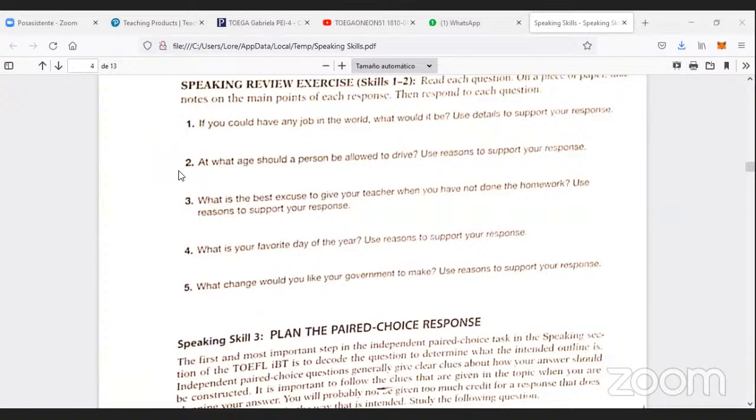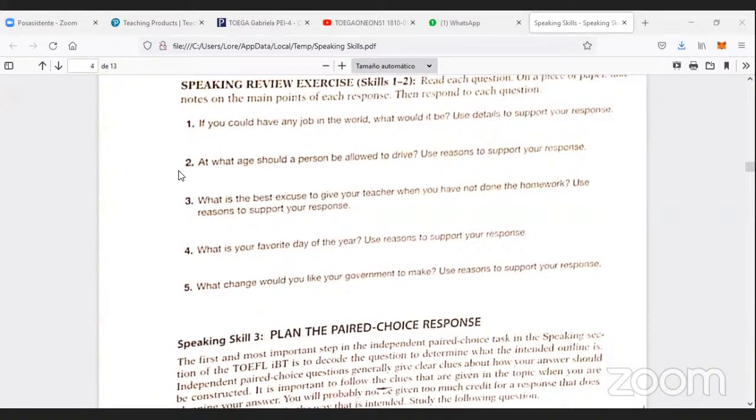Okay, perfect. Very good, excellent. So that is the way you have to make your responses in a speaking skill. Always try to give your introduction, your supporting ideas, maybe at least three.